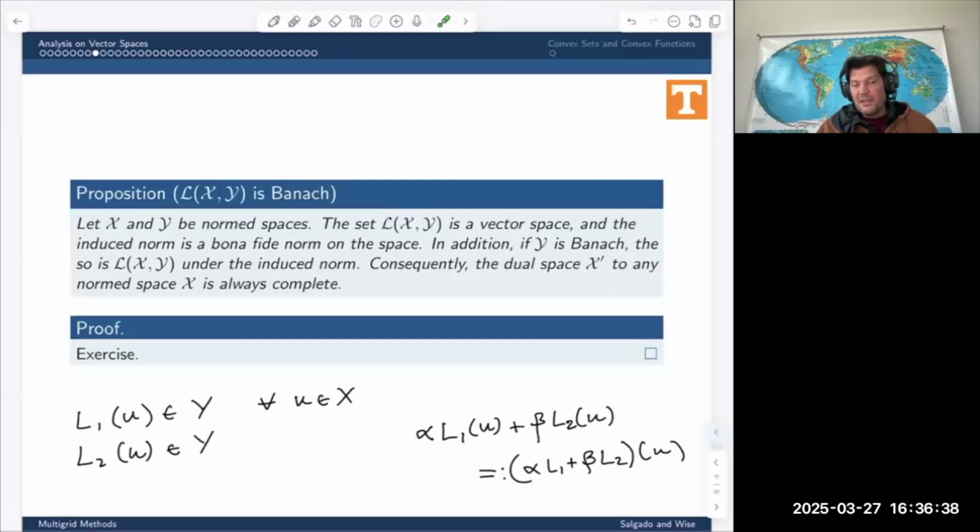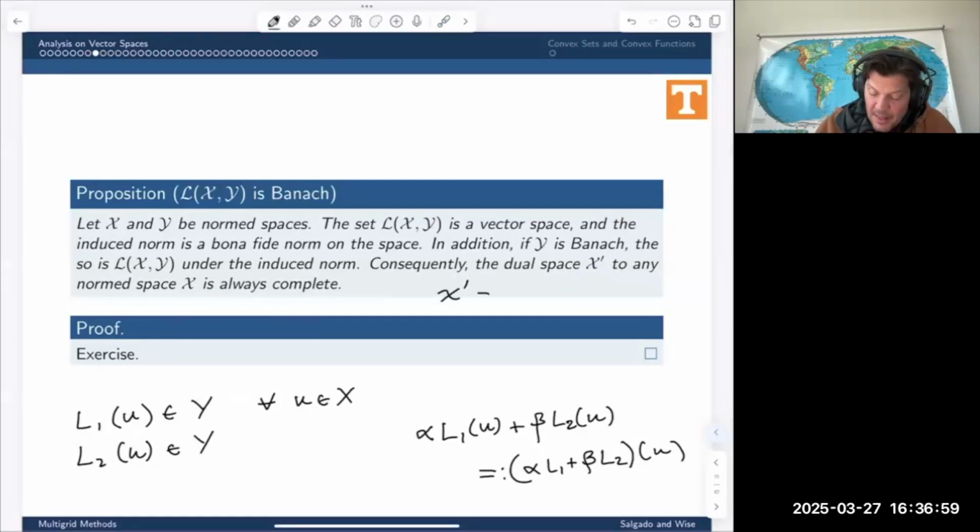Consequently, one of the easiest things that we can conclude from this, a little corollary, if you will, is that the dual space X prime of any normed space is always going to be complete. Why is that true? Well, you have to think about what the dual space is.